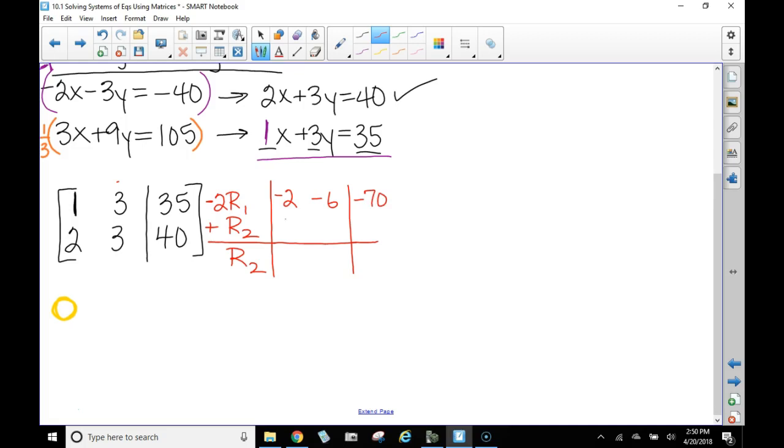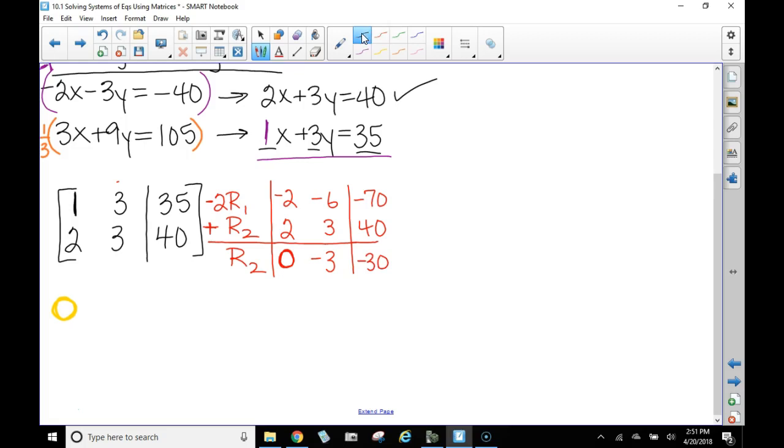Row 2 was 2, 3, 40. Now when we add those together, our new row 2 is going to have -2 plus 2 is 0. Woohoo! That's why we did that. -6 plus 3 is a -3, and -70 and 40 combine to give us -30.